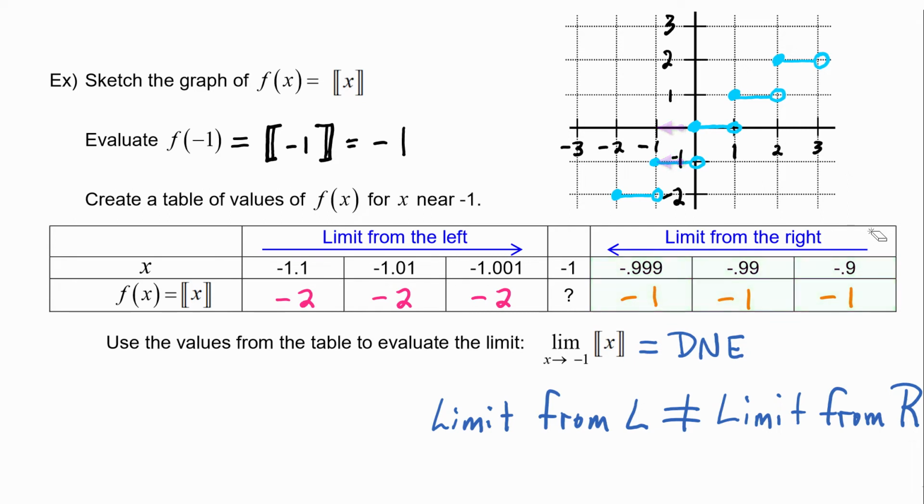So you can see that there's a big jump, and that the limit coming in from the left and the limit coming in from the right are going to two different places. Remember, for a limit to exist, the y value coming in from the left and the y value coming in from the right have to be the same number. And when they are not the same number, we have to say that that limit does not exist.